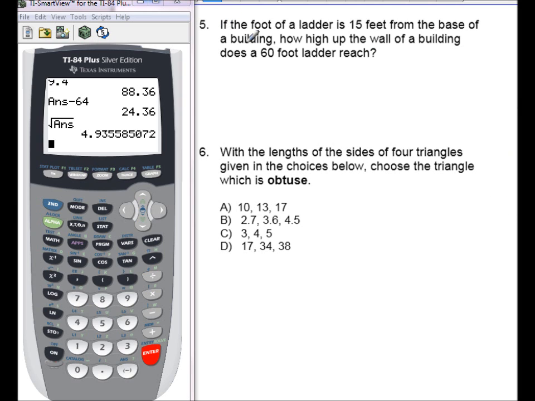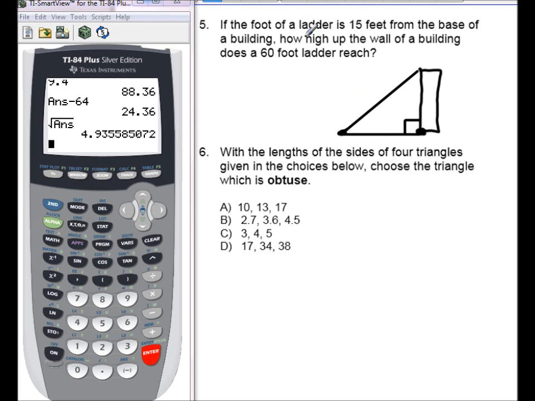Okay, number 5. If the foot of a ladder is 15 feet from the base of a building, how high up the wall of a building does a 60-foot ladder reach? So the foot of a ladder is 15 feet from the base of the building. So here's my building. Here's the base of the building, and the foot of a ladder leaning up against the building would be here.